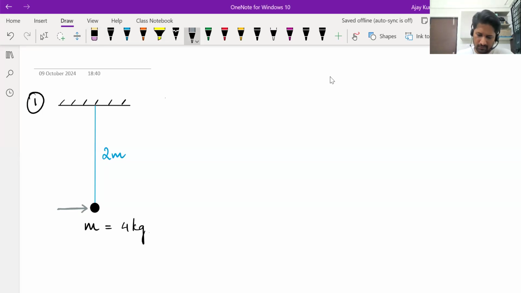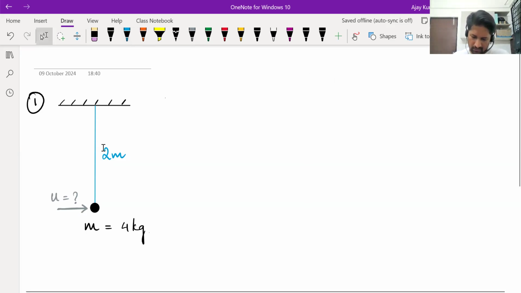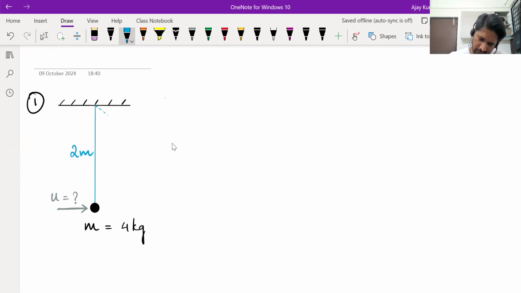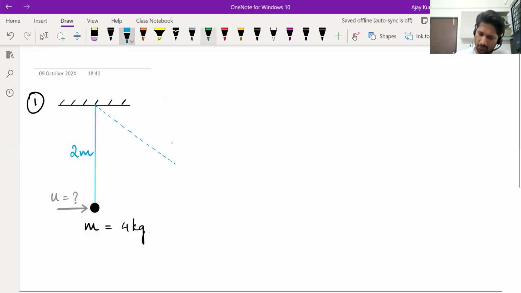So you have to find out how much velocity the ball must be imparted such that the string rotates by a maximum of 37 degrees, or let's take 53 degrees. So it should rotate by 53 degrees before the bob or the ball stops.